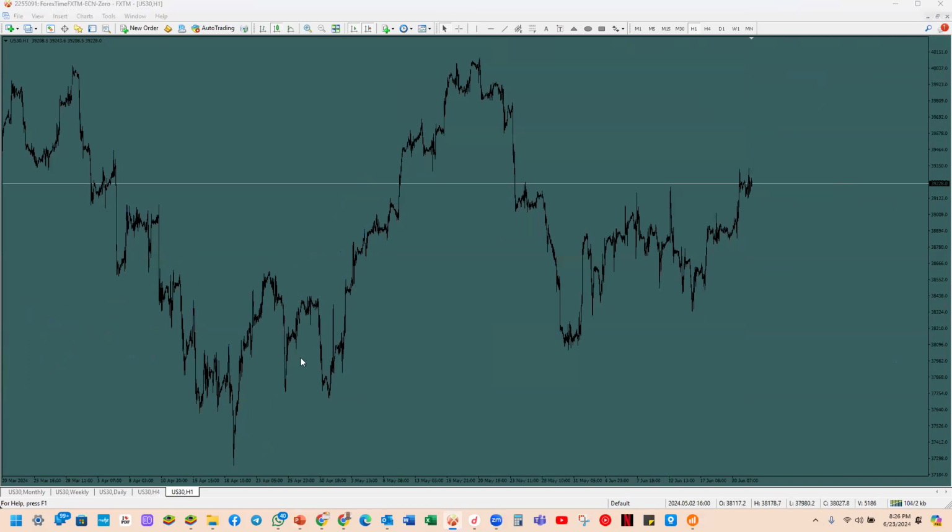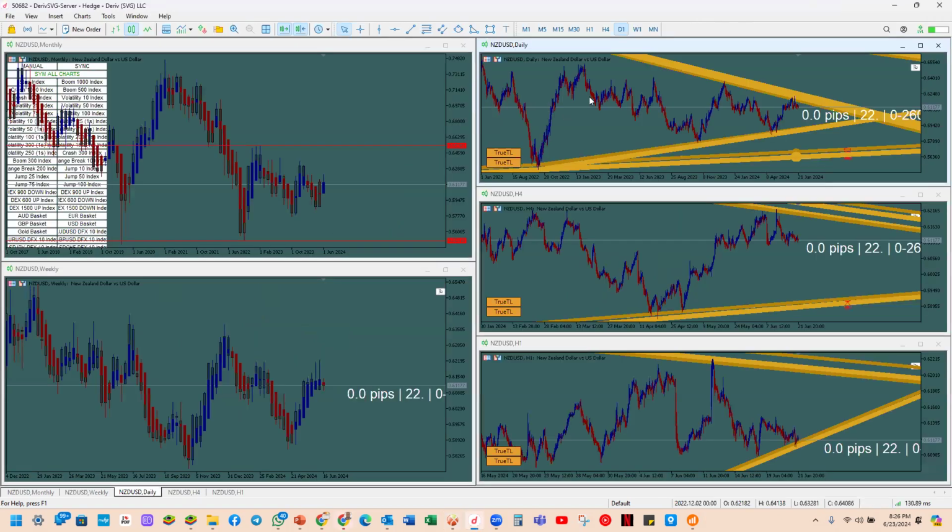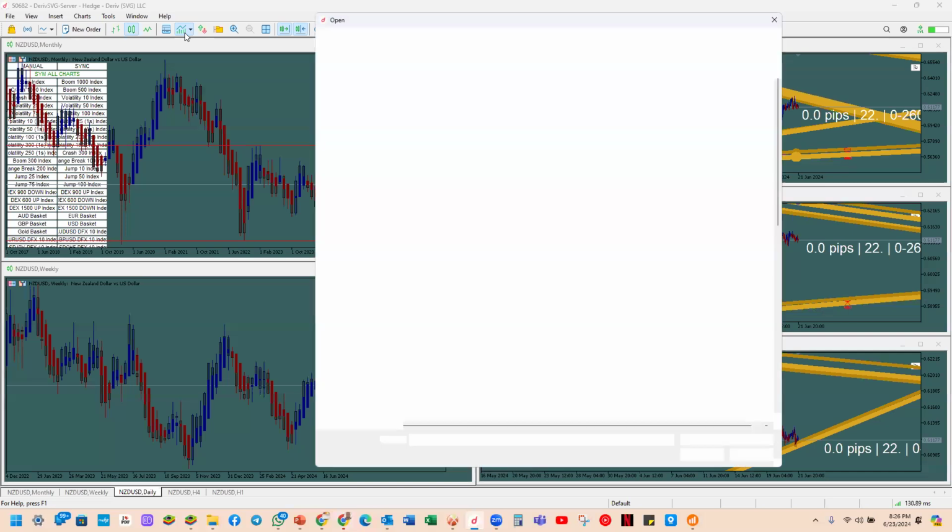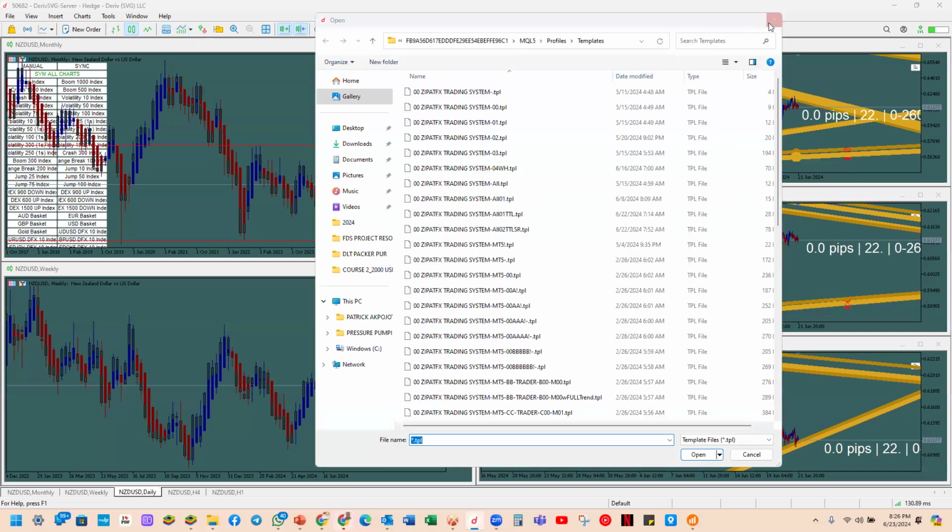Okay, so what you see on my screen is the MetaTrader 4. Okay, this is the MetaTrader 5. I can just go and put the basic candlesticks. One minute.